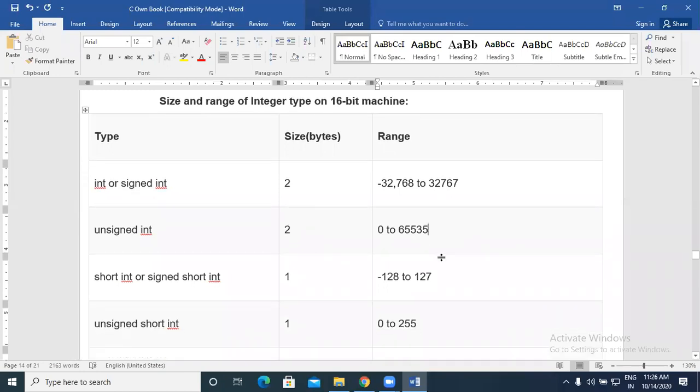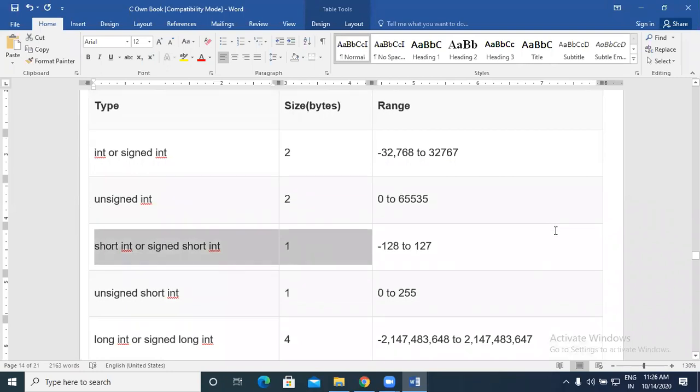Next, short integer or signed short integer is occupied with 1 byte, and the range is -128 to +127. That is a short integer. Unsigned short integer occupies 1 byte in memory, and the range is 0 to 255.